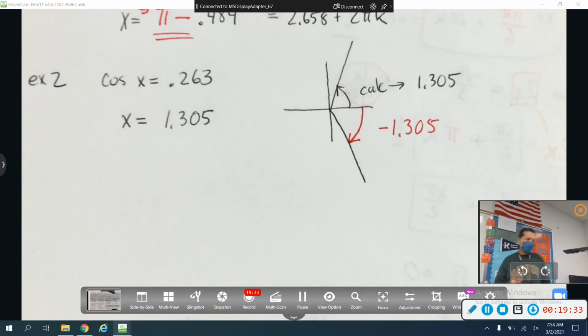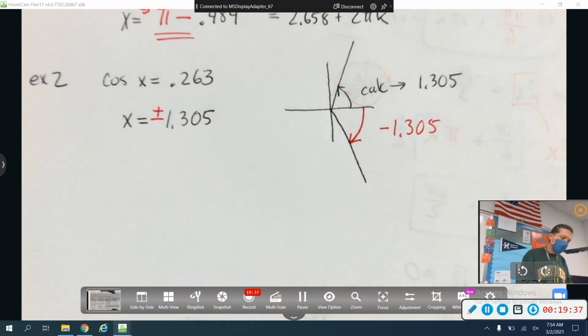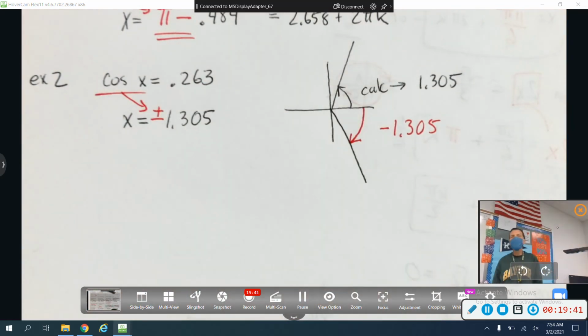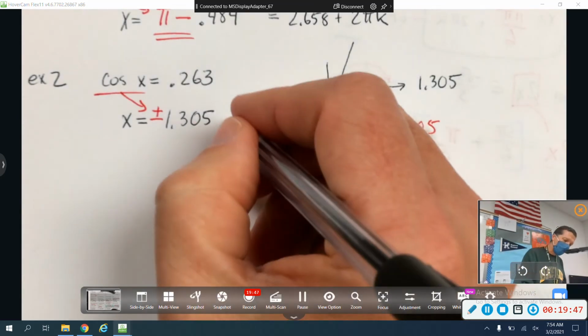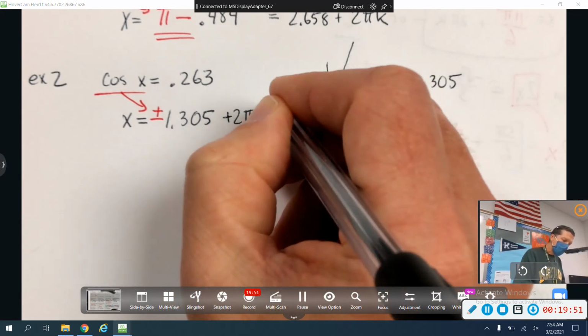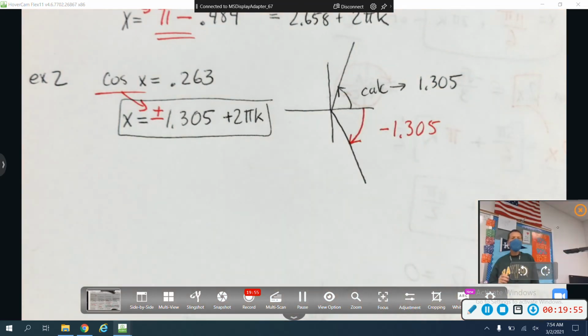So for cosine, a plus or minus will accomplish what you need. And again, the calculator can't help you with that. You just have to know that that's where the other answer is. So sine is pi minus, cosine is plus or minus.